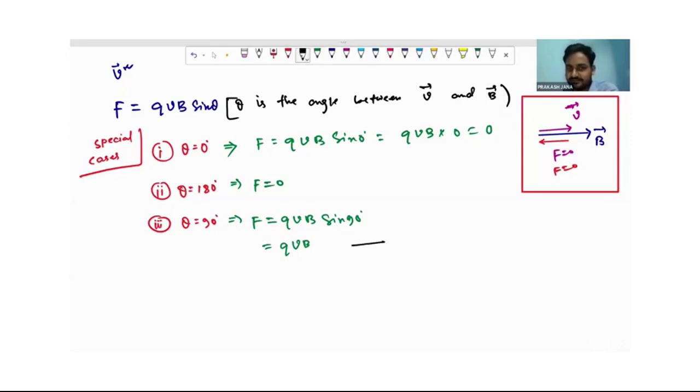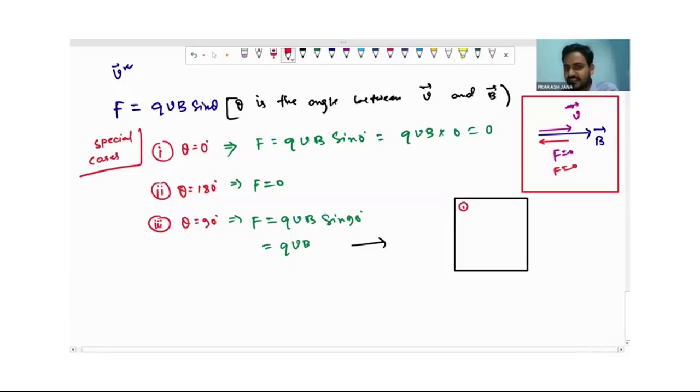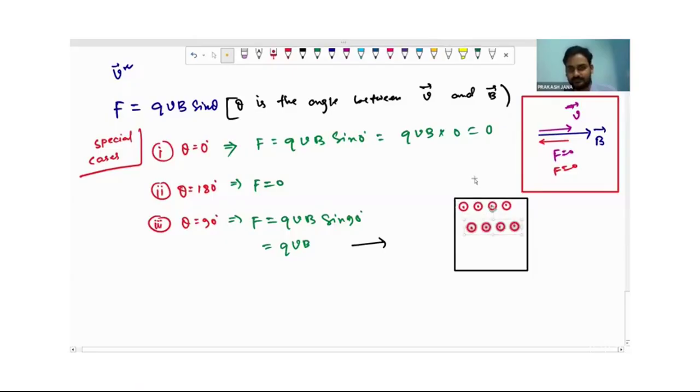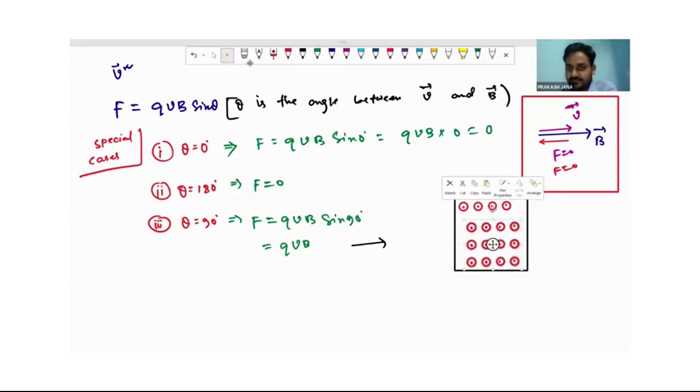Suppose this is a region where there is a uniform magnetic field acting in the upward direction. This represents a uniform magnetic field actually.